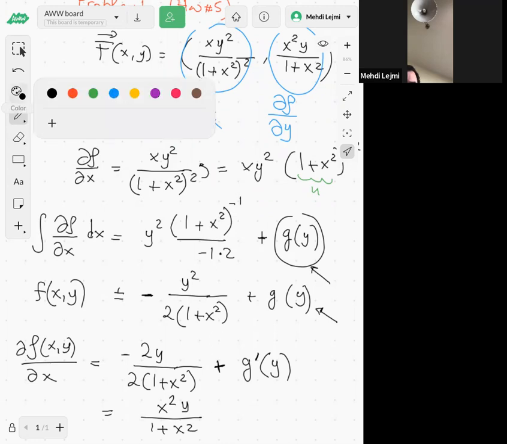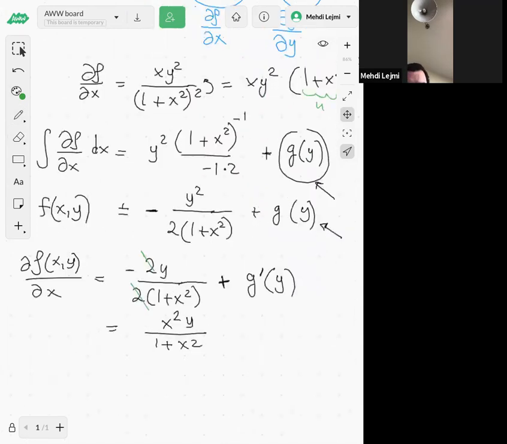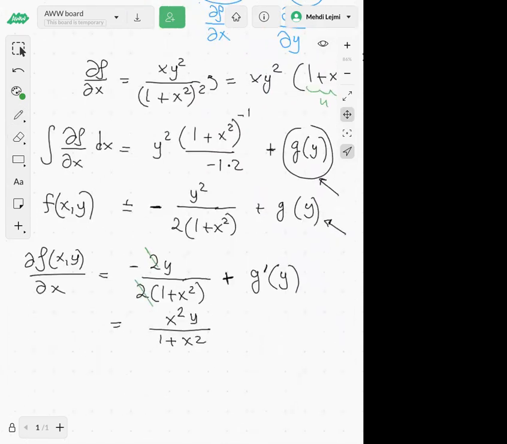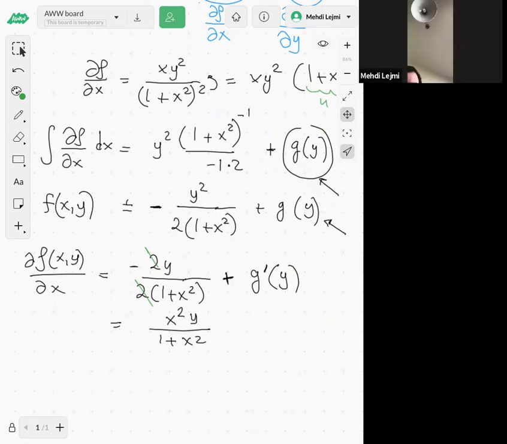Of course, this 2 here cancels out. I'm wondering how to find g prime of y. Well, g prime of y must be a function of y. If there's an x left, then there's a mistake somewhere, and it's not conservative.